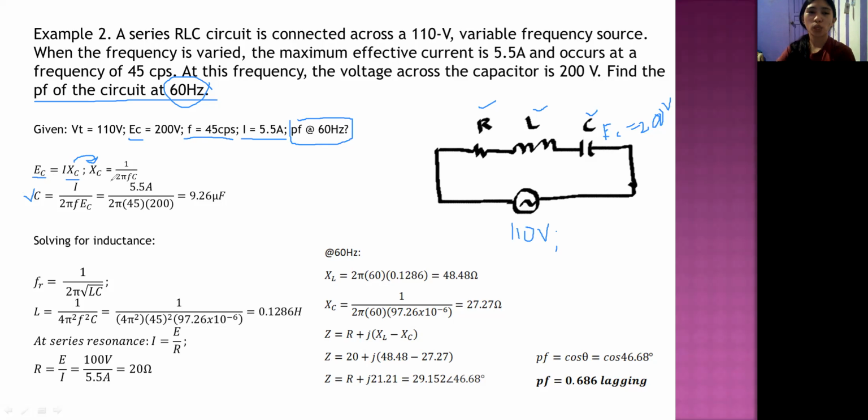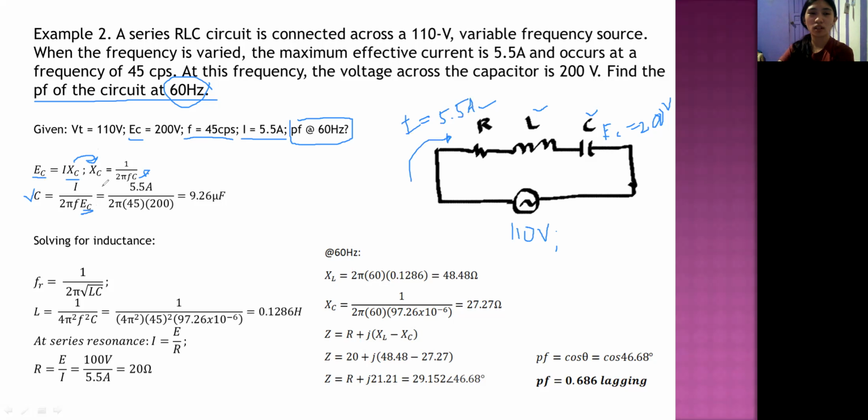Rearranging and substituting, solving for the capacitance, we have the current over 2 pi f times the voltage across the capacitance. Since it is a series connection, the current flowing through it is 5.5 amperes.